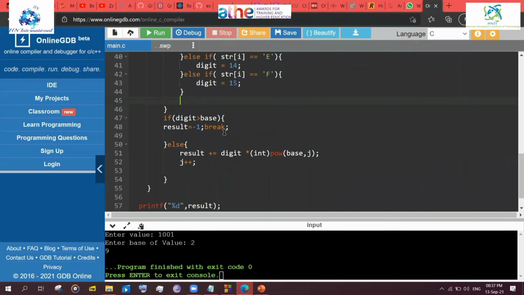Okay. Now, if we run this again, notice here, as I said, 2 cannot come in binary. As you can see, all the others are binary, but this one is not. And here we also give base 2, saying that this number is of base 2. So the answer is not accurate.